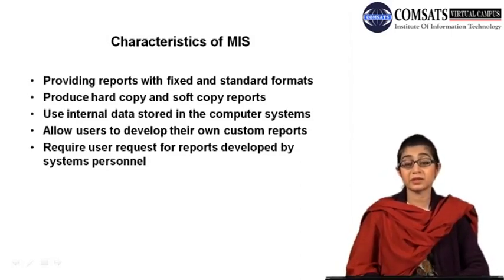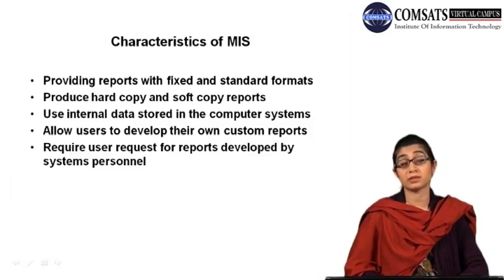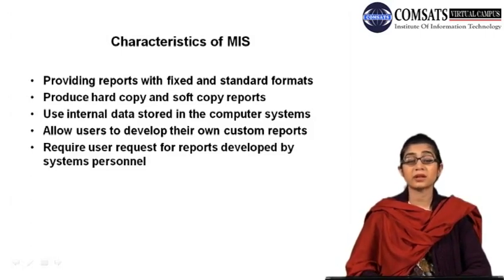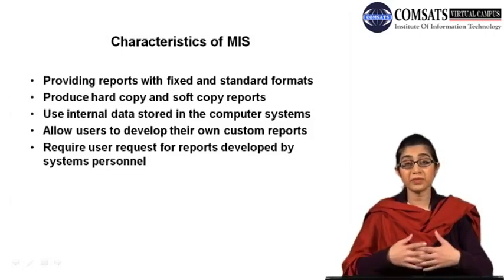And then in the end we talked about different characteristics of the MIS. That is, yes, it creates reports, but those reports are in the standard format. They are hard copy and soft copy reports, and the data is taken from the internal as well as external systems, and users can create their custom reports as well.